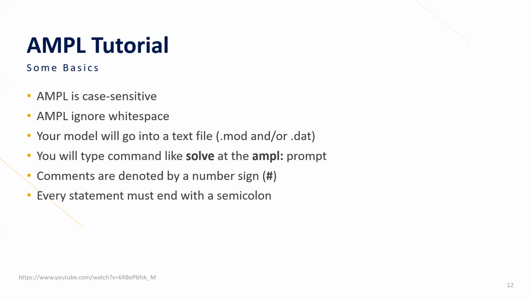Dot mod and dot dat are just to differentiate which one is the model and which one is the data, for the convenience of the user and the one who uses your programs later. And when you type a command in the AMPL prompt, the model will be solved after you type solve.